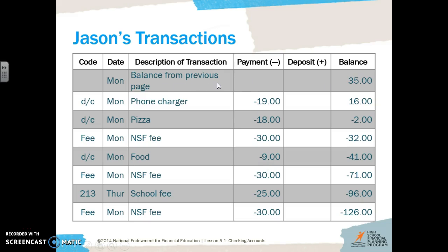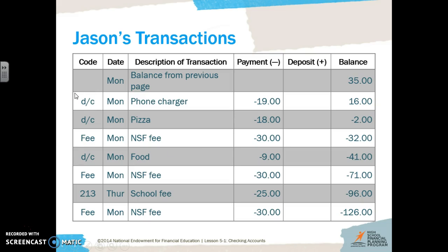So the balance from the previous page where Jason was keeping track was $35. That means he has $35 in his checking account right now, available to spend, either to pay to a company or to a person.